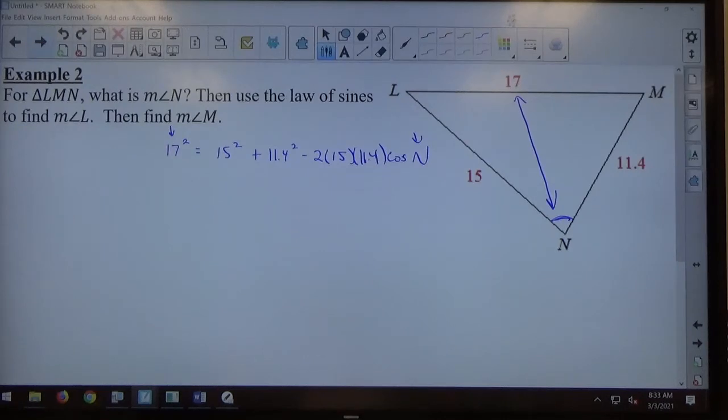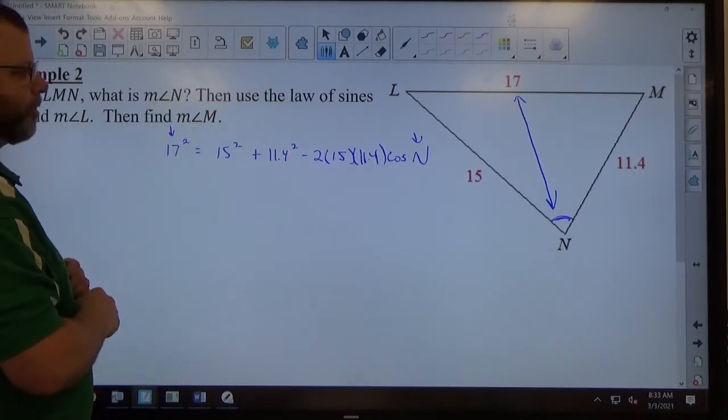Just ensure that that happened. Again, any one of those three possibilities on that sheet all boil down to that one fact. The side all by itself on the left matches the angle all by itself on the right.